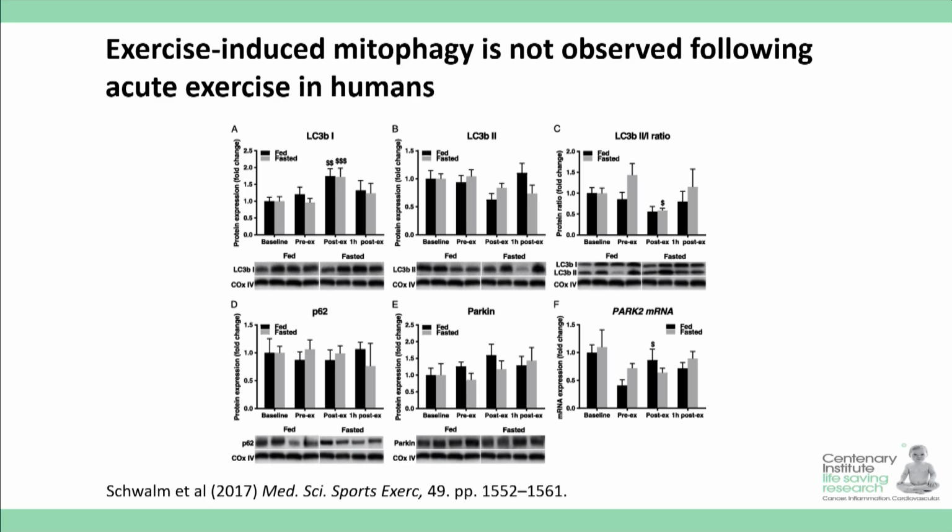And interesting here, in contrast to the animal studies, there wasn't real evidence of a change in mitophagy in human skeletal muscle. So it seemed to be some differences. Ultimately, it's a semi-quantitative method, so there might be some differences there. But I think in terms of these techniques, it doesn't seem to translate quite as well into humans at this point.